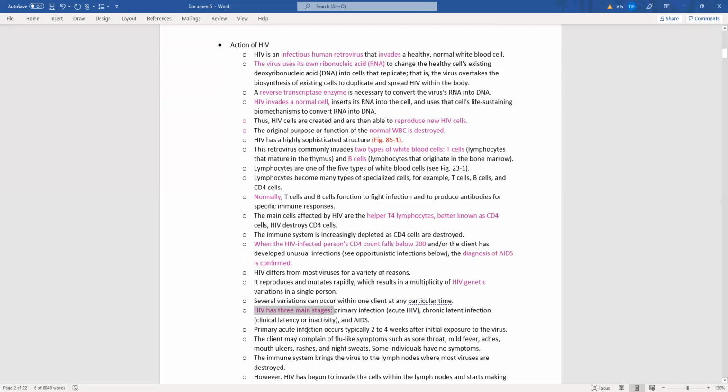So the primary acute infection occurs typically 2 to 4 weeks after initial exposure to the virus. So that came on fast. Somebody had some rough, unprotected sex or used a needle they weren't supposed to use, then bam.